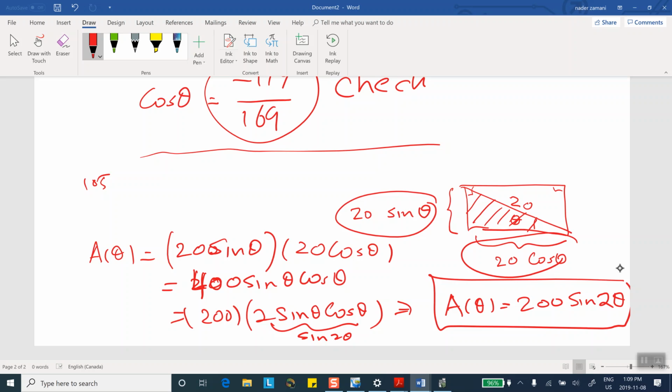And then it says, convince yourself that the biggest area you're going to have is 200. That should be obvious because the biggest value that sine of 2 theta can have is 1. Remember, sine in magnitude is always less than or equal to 1. So the max is 200 square inches. And this happens, obviously, when sine of 2 theta is 1, which means theta is equal to pi over 4, a 45-degree angle. And that takes care of this homework.